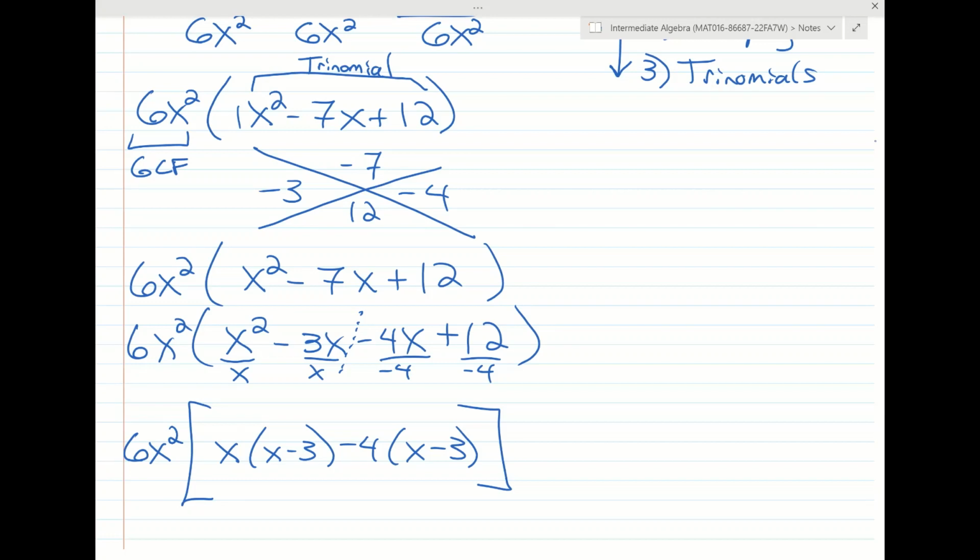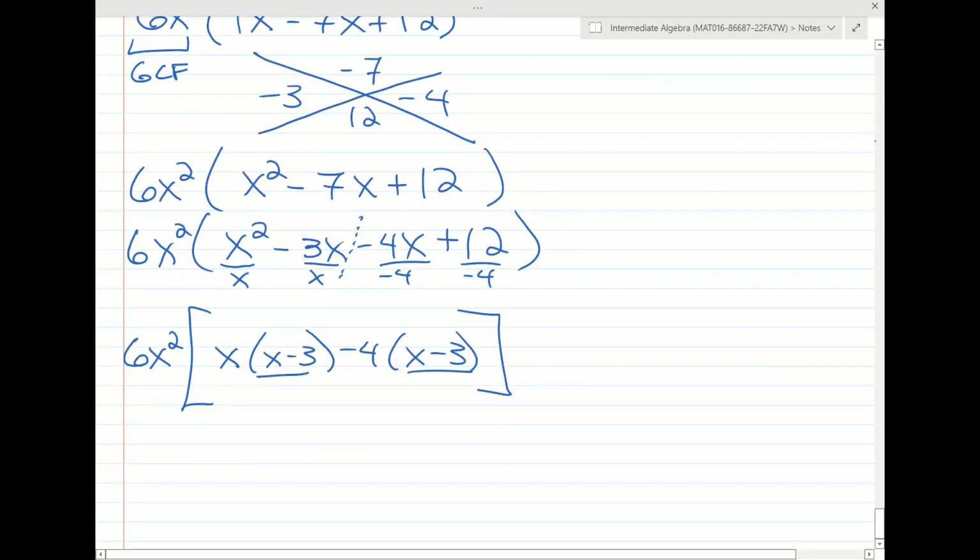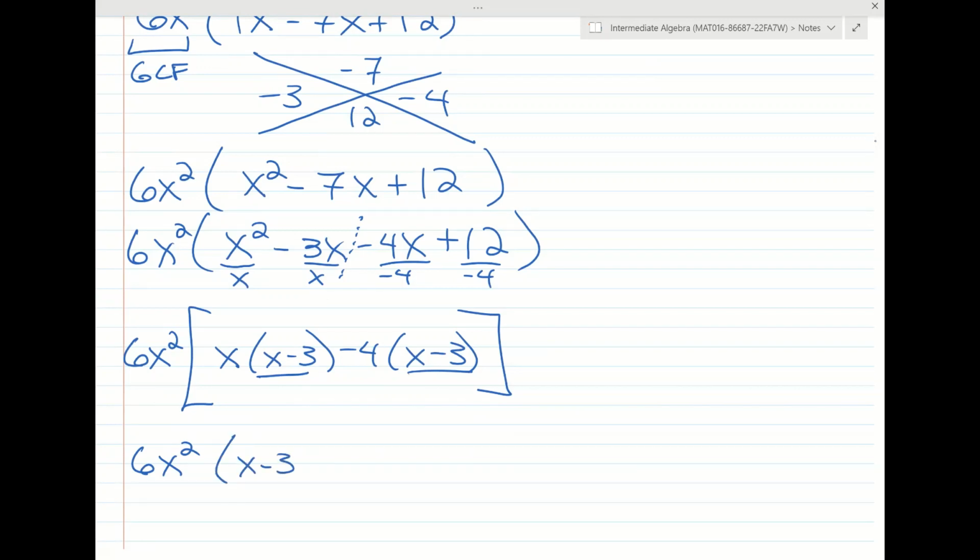That's exactly right. 12 divided by -4 is -3, right? And then we could go ahead and take out the GCF of x minus 3, and we're left with just x minus 4.